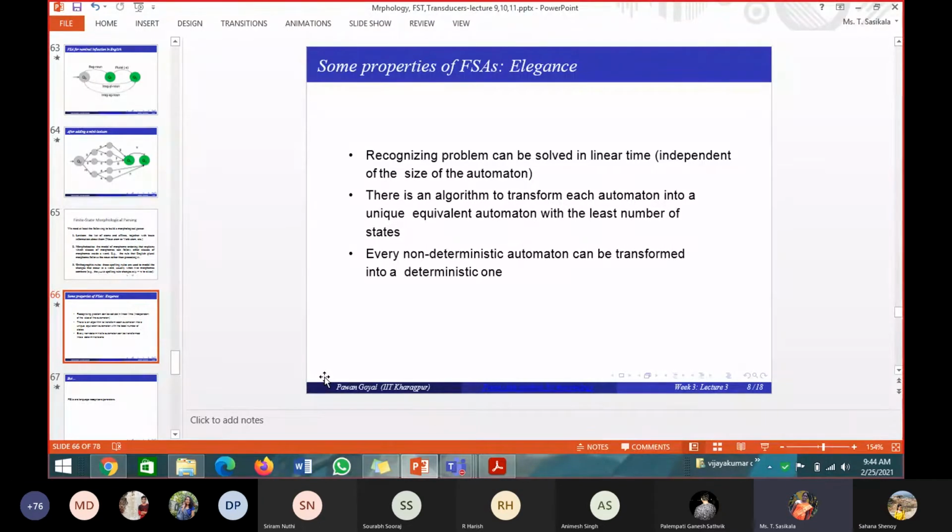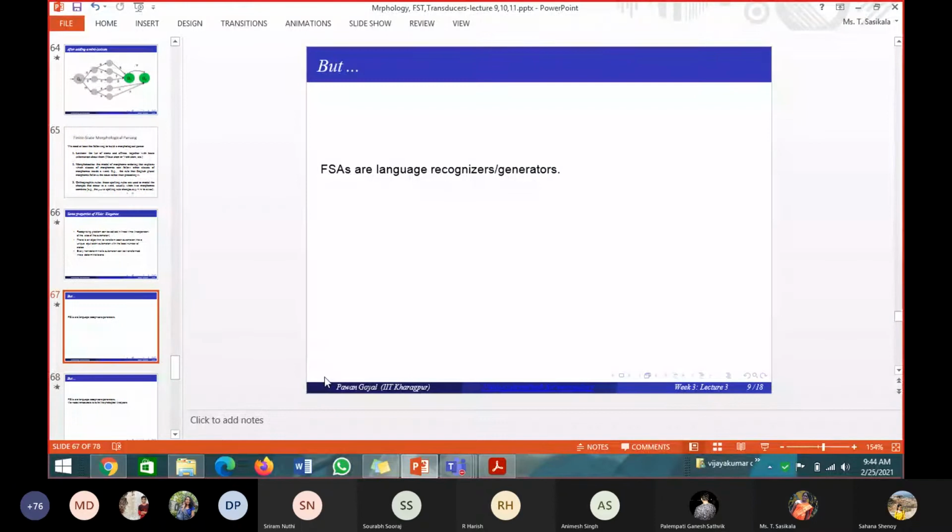Even with the least number of states we can process the same output. One person will draw with 10 nodes showing everything, another will draw with 3-4 nodes showing everything for the same input. So you have to try to draw with the minimum number of nodes. And even if it is a DFA, we can transform it to an NFA.